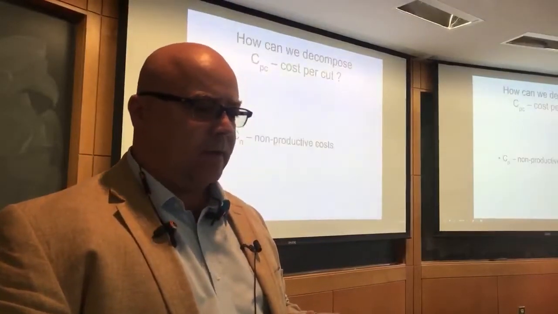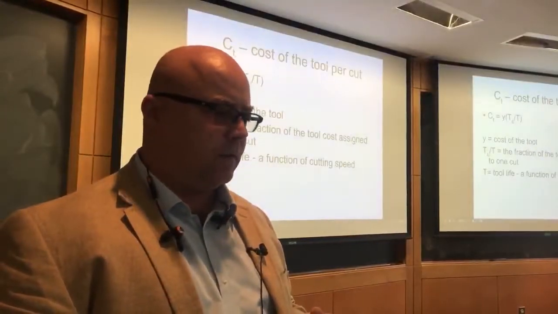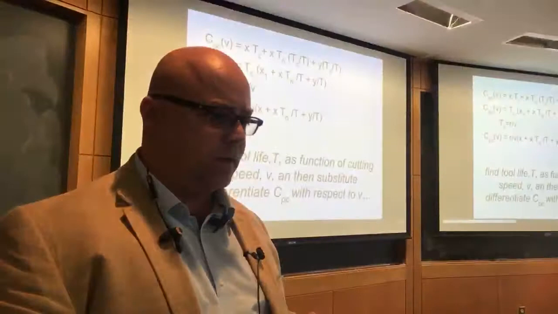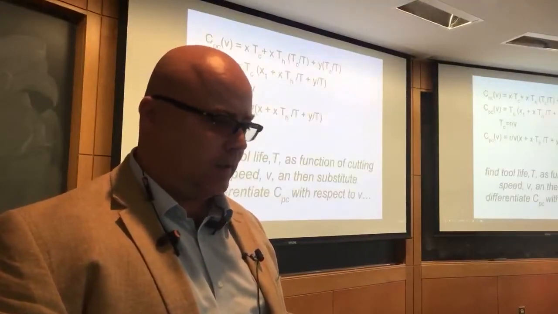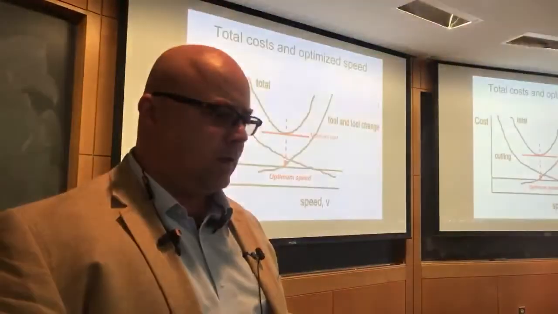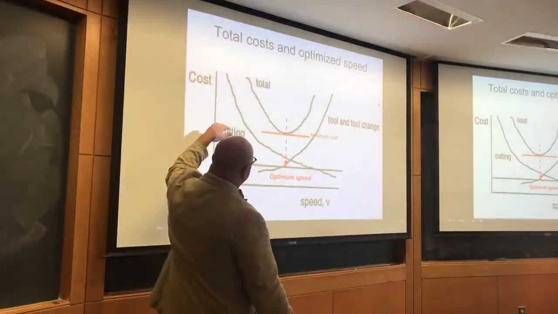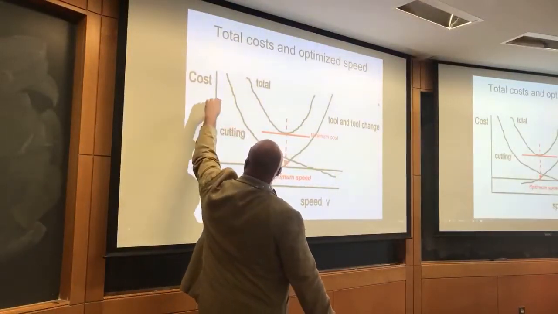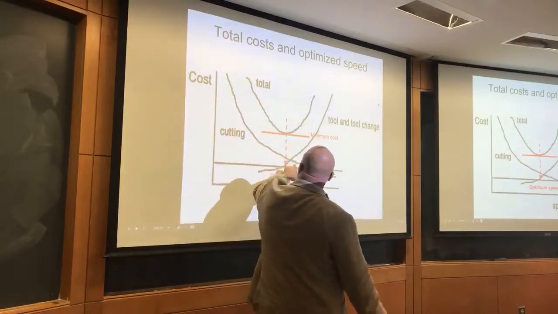If you do that, you can optimize the equations and cut out the things that don't have anything to do with the speed. My tool life is a function of cutting speed. You can plot that, and you can see here, as cutting speed goes up, the cost of cutting comes down.